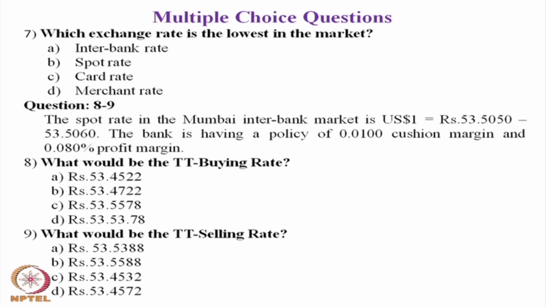The bank has a policy of 0.0100 cushion margin and 0.080% profit margin.